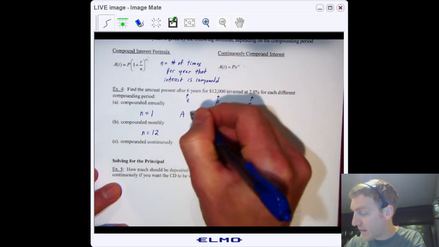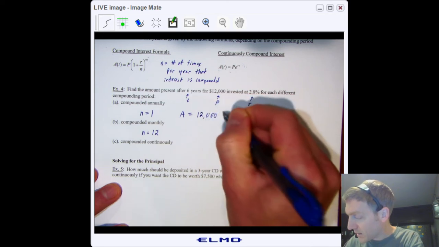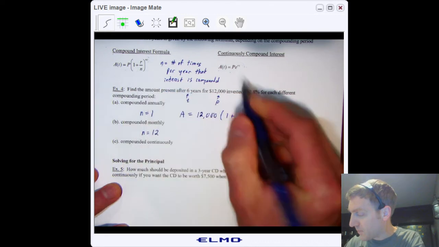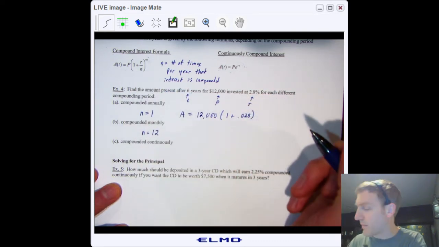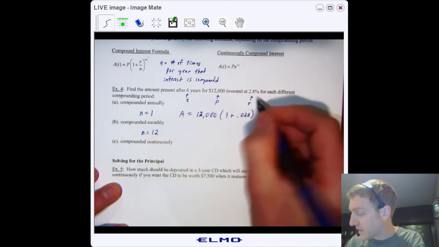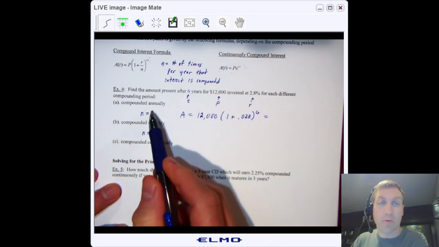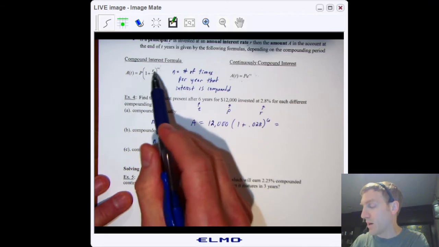If I want to find annually, A is going to be 12,000 times 1 plus 0.028 divided by 1. I really don't need to divide it by 1. And then raised to the 1 times 6, which is just 6. So annual growth rate really is the exact same as what we did above, because if n is 1, you don't really need the n, you just have 1 plus r to the t again.